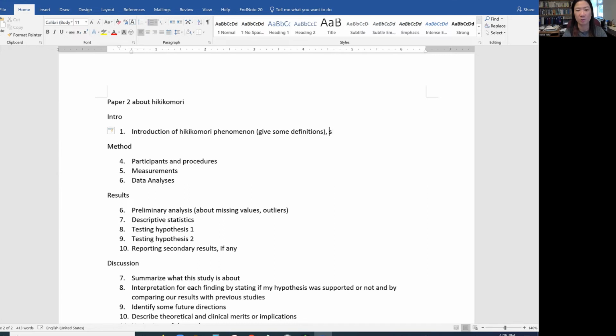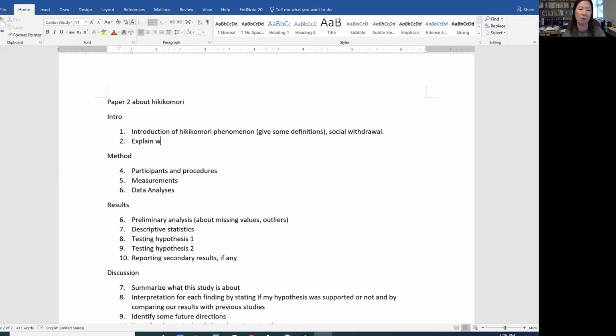Basically, it's like social withdrawal. I explain a little bit, and then I explain why. Usually hikikomori itself has, of course, negative connotations before COVID-19. But because of social distancing, hikikomori is ironically kind of socially expected, because we need to keep social distance at least for a while.